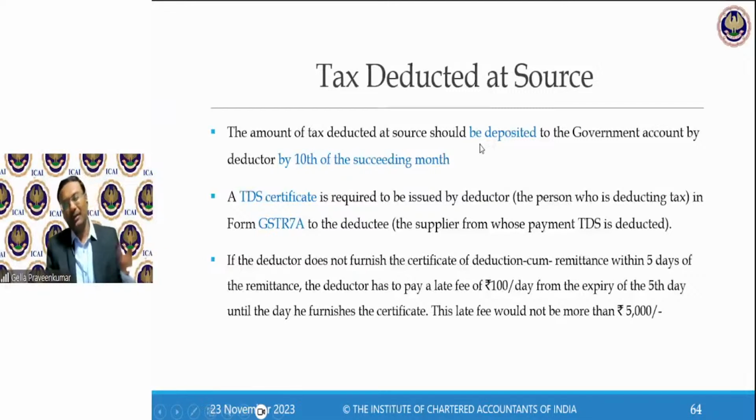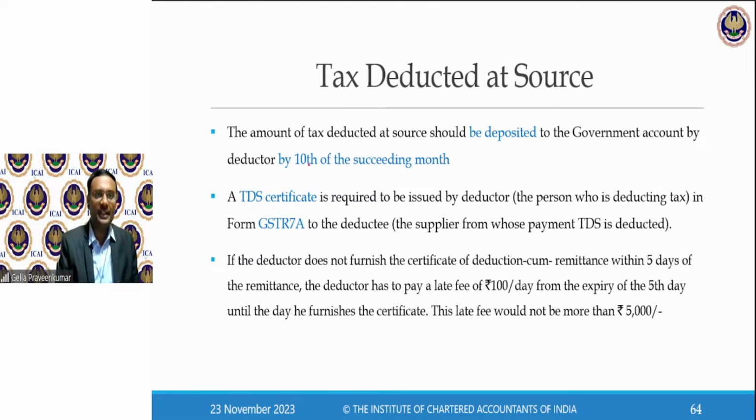Now, the provision connected with the procedural aspect: whatever TDS is deducted needs to be deposited by the 10th of the succeeding month. So for the month of April, if there is any TDS done by a public sector undertaking, on or before the 10th of the succeeding month we have to deposit. And a certificate will be issued in form GSTR-3B.